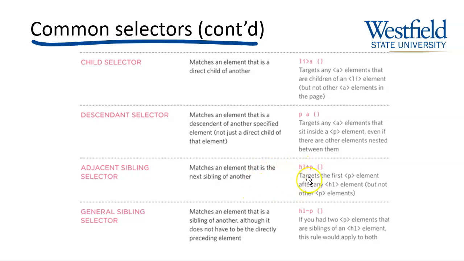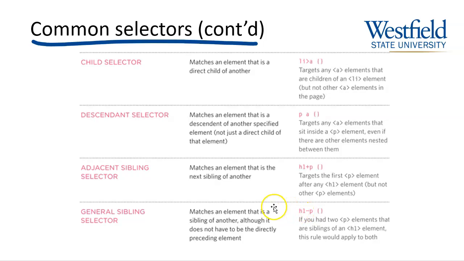So here it will only apply to a paragraph that directly follow an H1 element. And the next selector is general sibling. So it will match any sibling of H1 in this case, as long as the sibling is a P. So it doesn't have to be directly following.